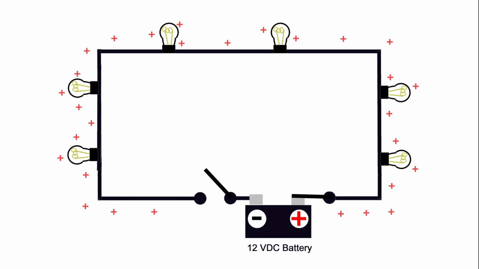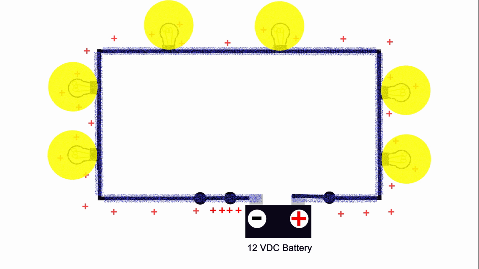And this is going to be the result, because as soon as that negative switch is closed, less than a nanosecond or so later, we're going to see current being created over every part of that line at once.